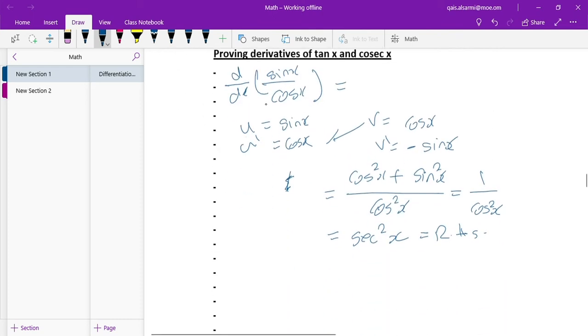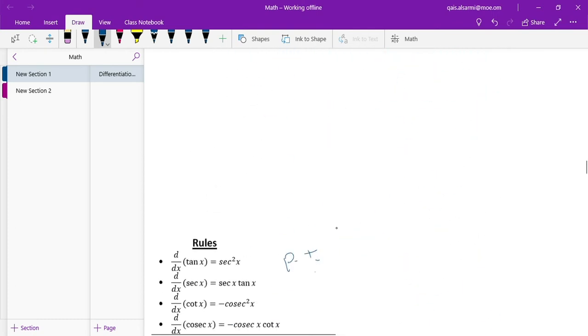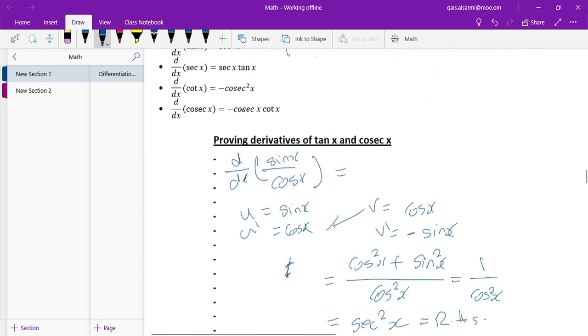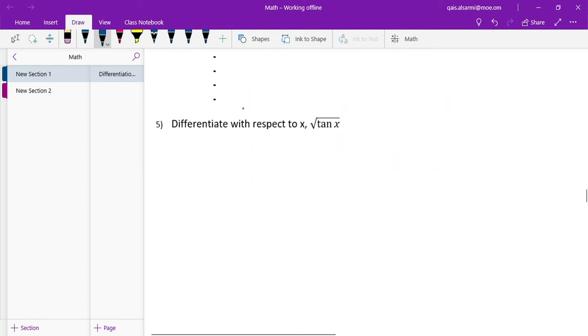But I'm talking about a different idea of question. If it is given like this, prove that derivative of tan is sec squared, what are you going to do? You're going to do it like this. Is it clear? By the same way, you may differentiate any of these if it is required to prove that.